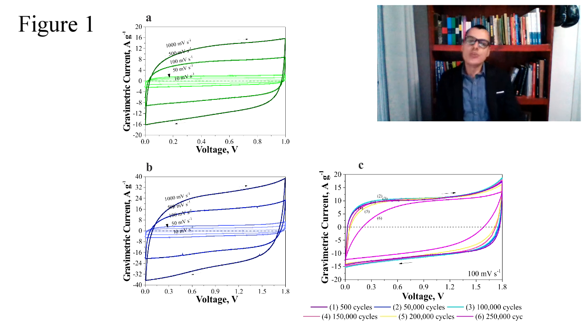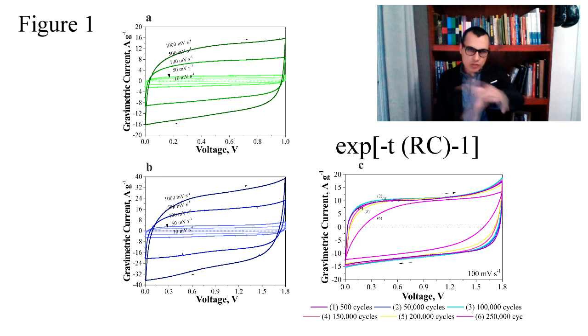In both cases, we use different scan rates such as 10, 50, 100, 500 and 1000 millivolts per second. In our case, we can observe a quasi-rectangular shape, which is expected for a supercapacitor device, since the device current depends directly on an exponential given by the equation shown in this slide.